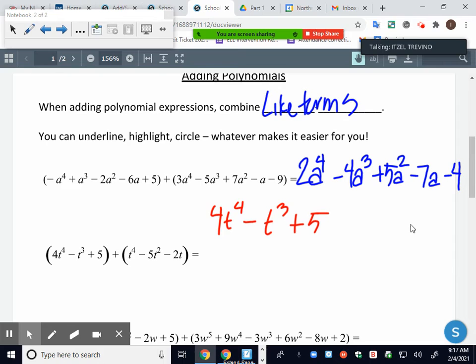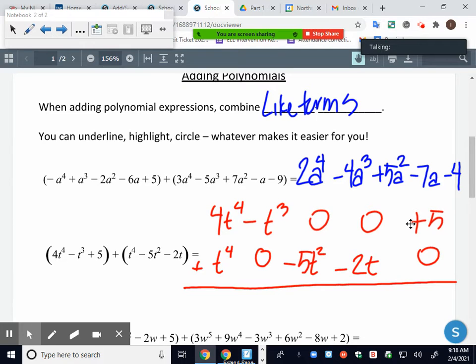And I'm going to line up, we're adding t to the 4th power minus 5t squared minus 2t. We get the gist of everything if you want to make sure.